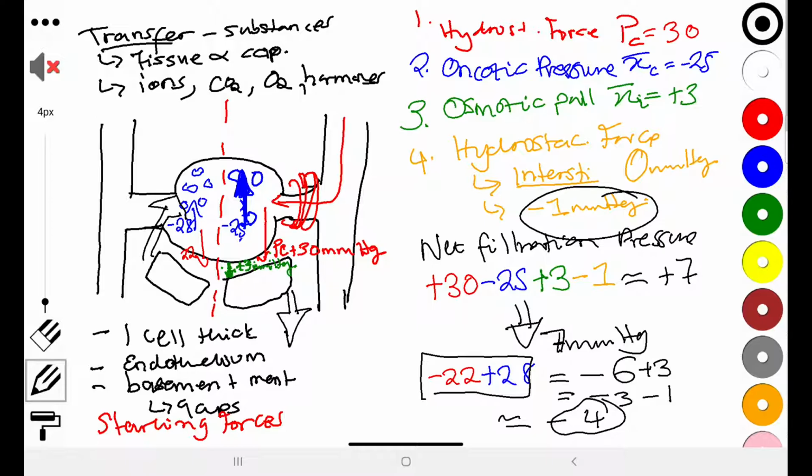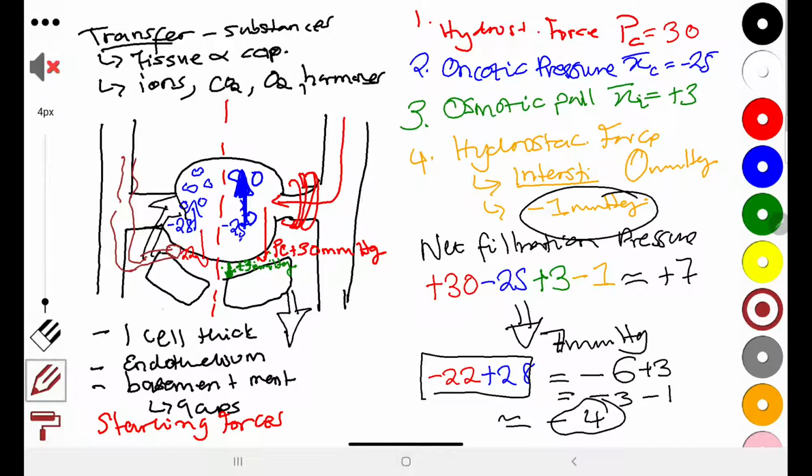You will also observe a few other things, such as if there are any proteins that do go out, these are reabsorbed by the lymphatic system. So right here you have the lymphatic system that works in the interstitium there, and its role is to absorb any proteins that might have been pushed out into the interstitium, so that you have the total interstitial pressure remaining the same.